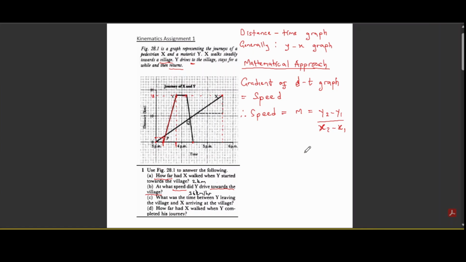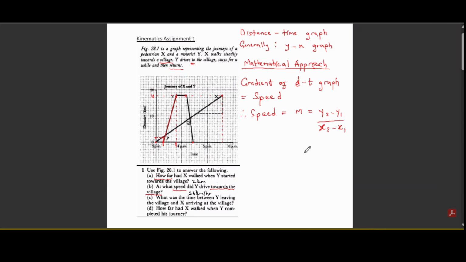Another fact that should be at the back of your mind is that the gradient of a straight line is constant. Constant meaning that it does not change.